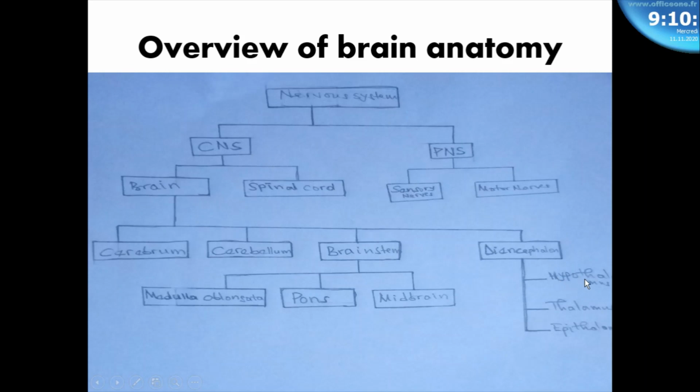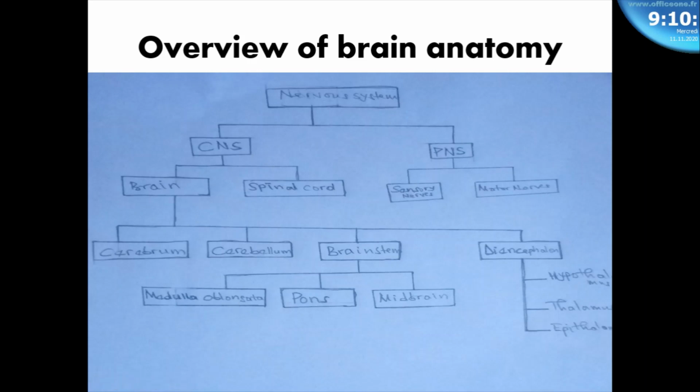In the nervous system, we have two divisions: the central nervous system, CNS, and the peripheral nervous system, which is the set of bundles of neurons that carry signals to and from the central nervous system.